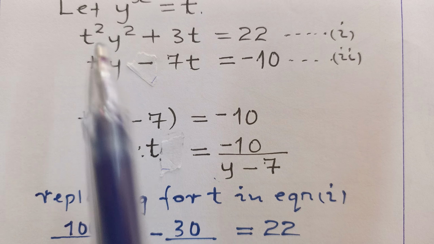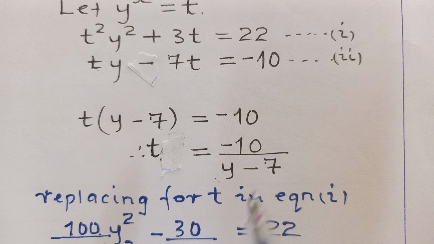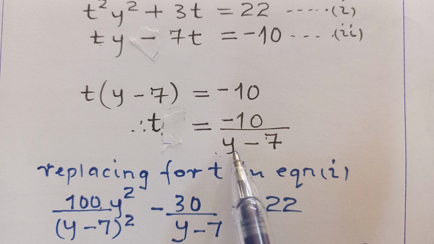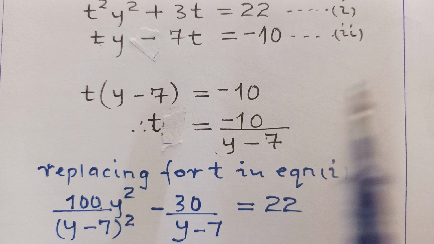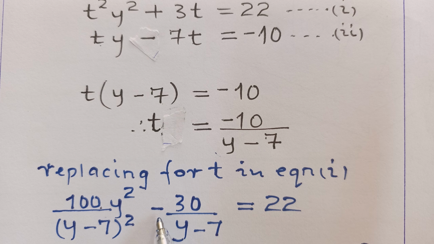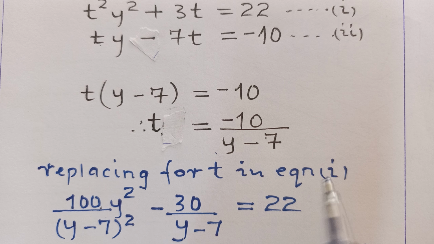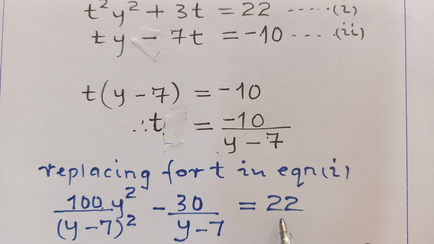Now plus t, which is negative 10 all over y minus 7, multiplied by 3, you get negative 30 over y minus 7, and this now equals 22.